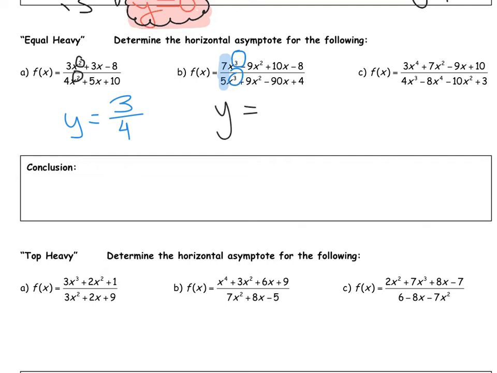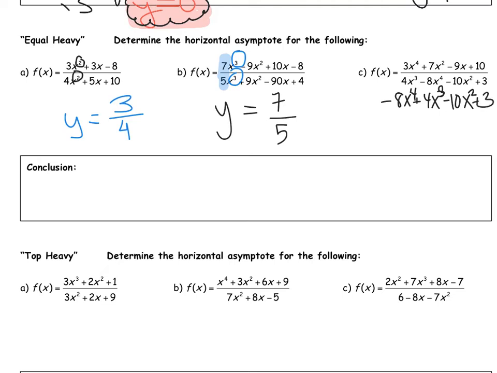Why don't you give letter C a try? Just to give you a little hint, you need to make sure that it is in the correct order. Now that I gave you a few seconds to take a look at that, if we rearrange the denominator, the numerator was fine, the denominator needed to be rearranged, so we would have the following: 3 minus 10x squared plus 3.